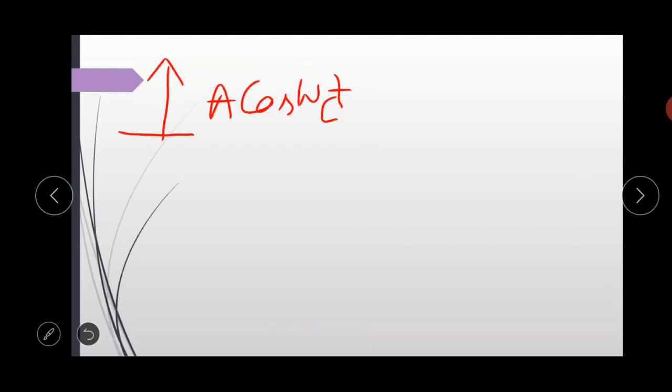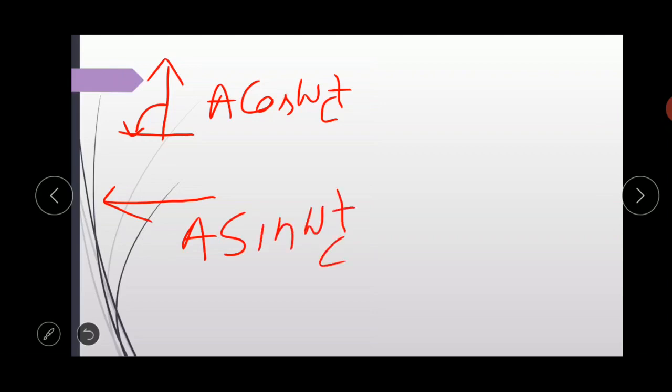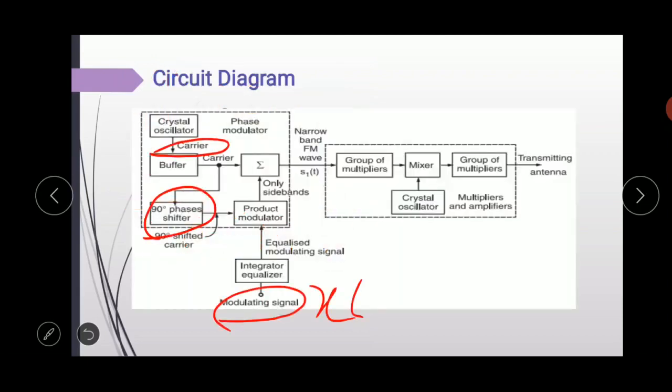So the phasor diagram is 90 degrees shifted. This is A sin omega c t. Then when this is applied to the product modulator and x(t) is applied to the product modulator, at the output we get our DSB-SC signal.